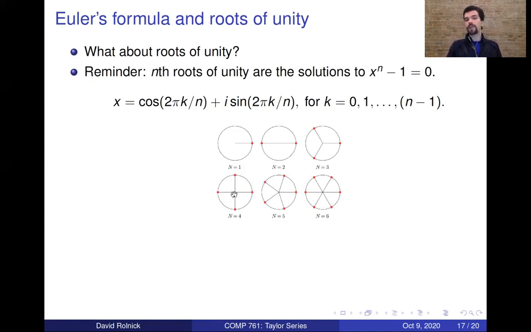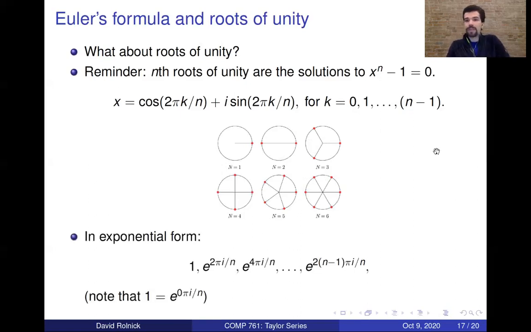The angles, for example, for n equals 6 are 0, 2 pi over 6, 2 pi over 3, 2 pi over 2. This is like all the multiples of 2 pi over 6. Okay. And they all lie in a circle because they're all at radius 1.